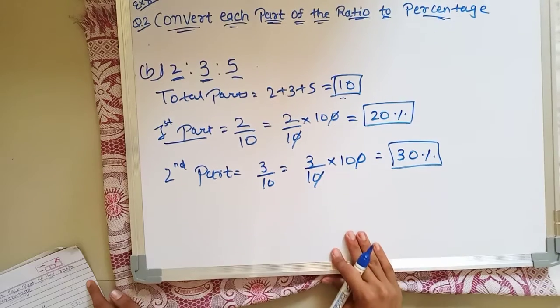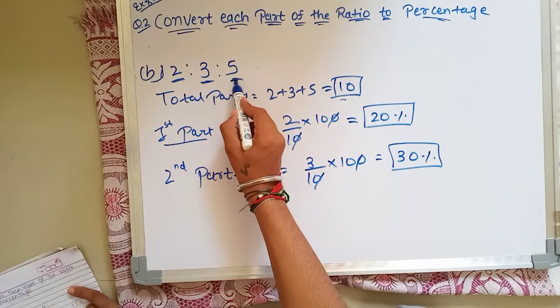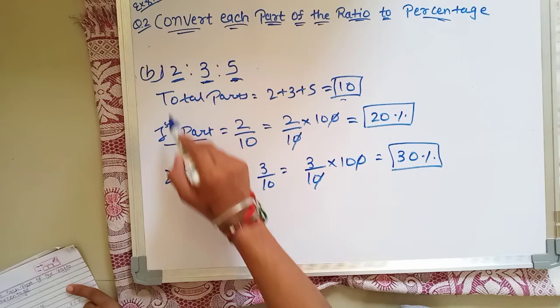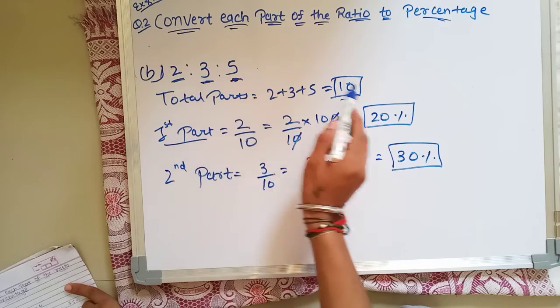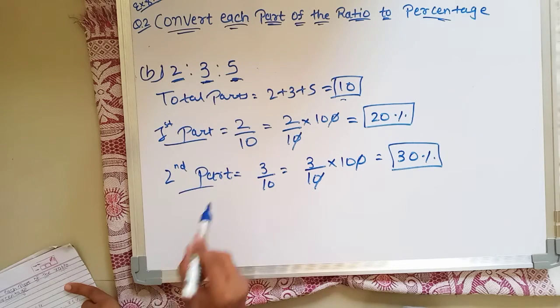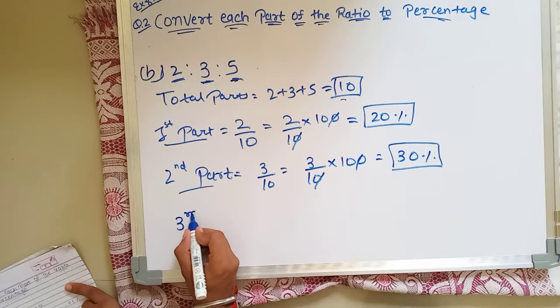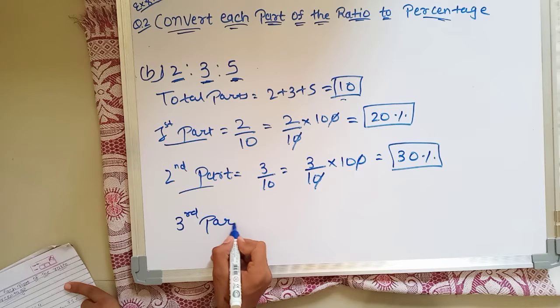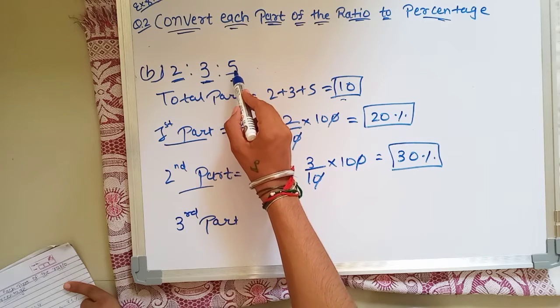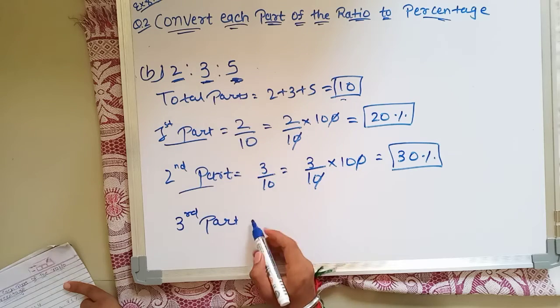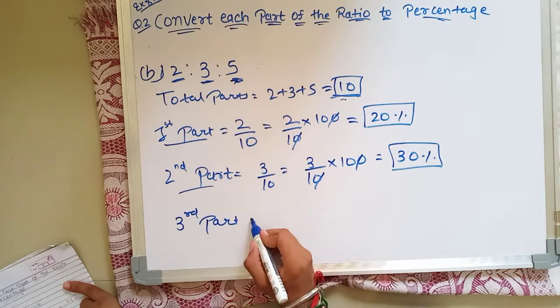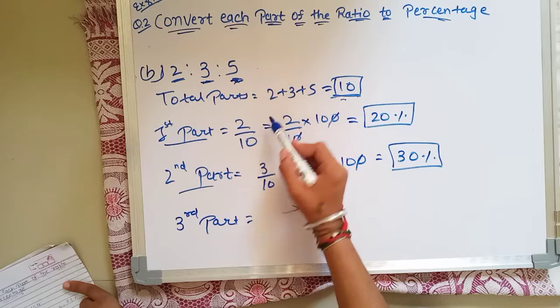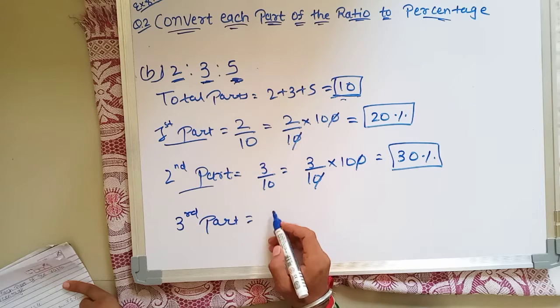That is the answer for the second part. Now the third part, this is 5. For the first part 2 and the second part 3, we divided by total parts. Now for the third term, 5 divided by 10, 5 divided by total parts. In every part we have to divide by total parts. Understand?